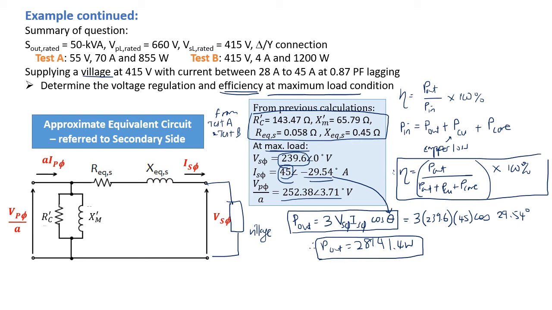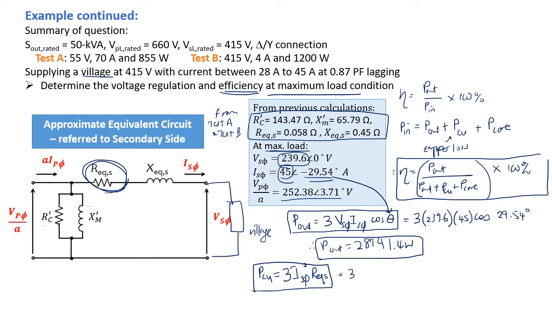Okay, and the copper loss, PCU, the formula for copper loss, remember copper loss is due to REQS. So if it was a single-phase transformer, you just have IS squared REQS, but this is a three-phase transformer, so there should be a 3 in front, and the current IS through this resistance REQS is the IS phase. So 3 IS phase squared times REQS.